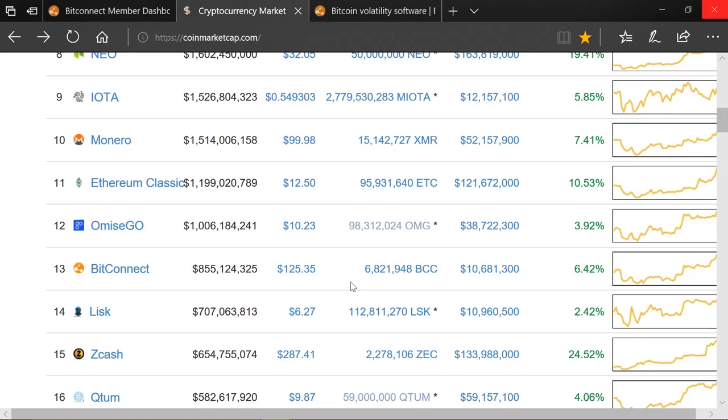And the current price is $125.35, and there's 6.8 million in circulation, and the 24-hour trading volume is $10.6 million. And the value, this figure here, has gone up 6.42% in the last 24 hours. So that is the market capitalization.